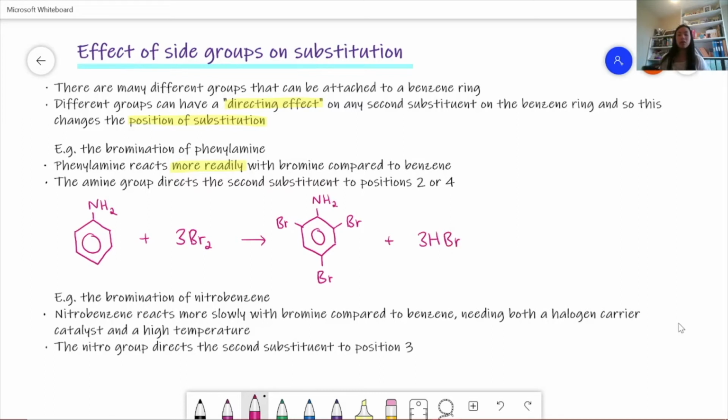We can see that all these bromines have been directed to positions 2 or 4, because if we label this carbon 1, because we're using phenylamine as the root of the name, this would be 2 and then 3 and 4. And if we labeled them anti-clockwise, then this carbon would be number 2. So we see that the amine group directs the second substituent to positions 2 or 4. And the product we formed is 2,4,6-tribromo, because we've got 3 of these bromines, and then phenylamine.